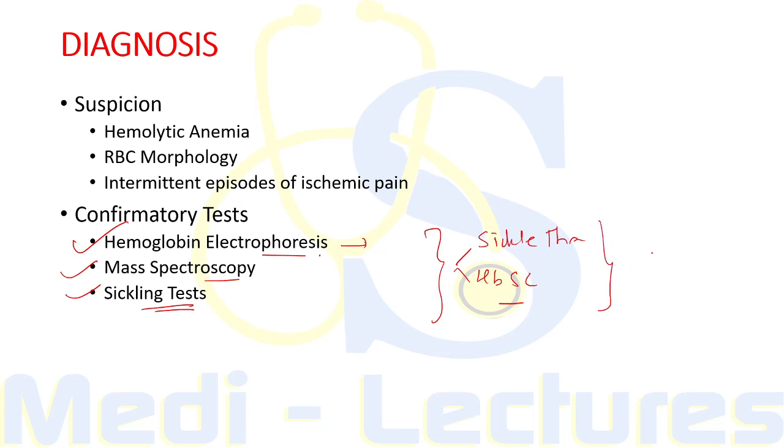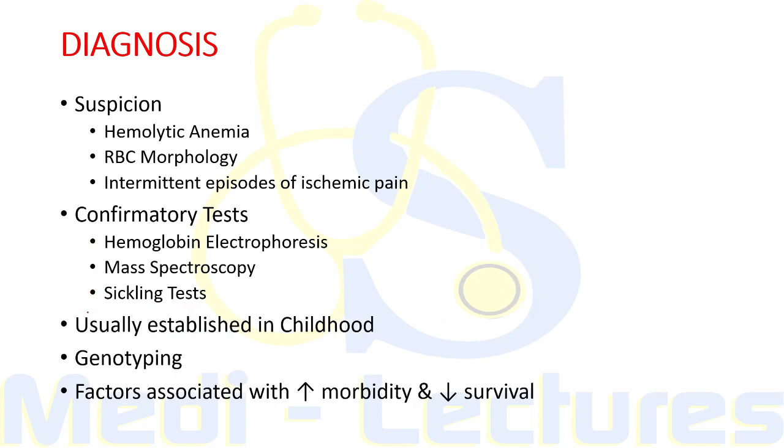So thorough characterization of exact hemoglobin profile is very important. Now the diagnosis is usually established in the childhood, but occasionally patients often with compound heterozygous states do not develop symptoms until the onset of puberty, pregnancy or adult life. So adult patients of sickle cell disease can also be there.